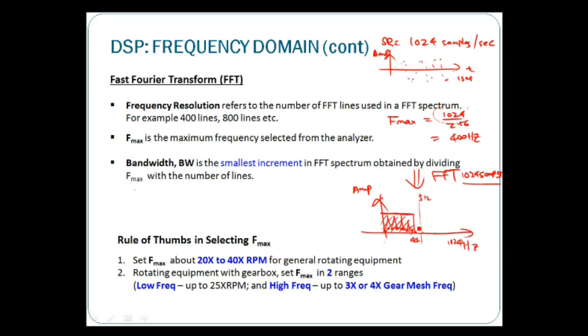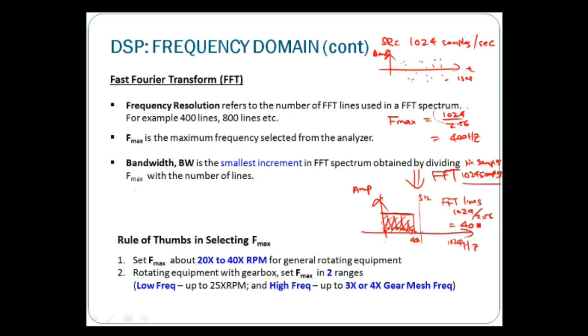So if your Fmax is 400, and you are using 1024, your FFT lines, this is your number of samples that you use to process FFT. FFT lines here is 1024 divided by 2.56, so it equals 400.